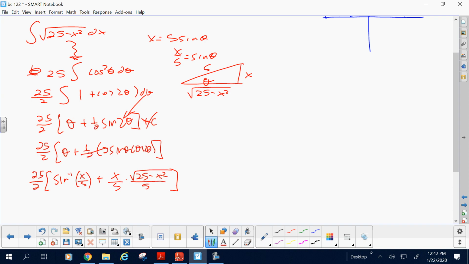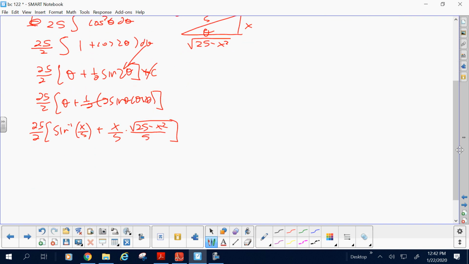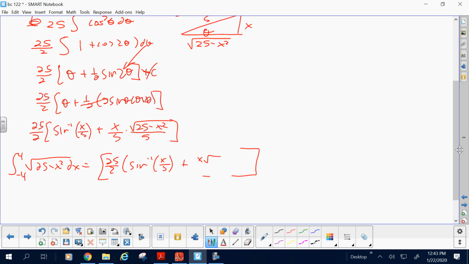I don't know if it would pay to distribute that or not, but so that implies that the integral from negative 4 to 4 of 25 minus x squared dx has this antiderivative. Did you distribute that or did you leave it out? Okay. So 25 halves inverse sine of x over 5 plus x root 25 minus x squared over 25 from negative 4 to 4. Are we done?